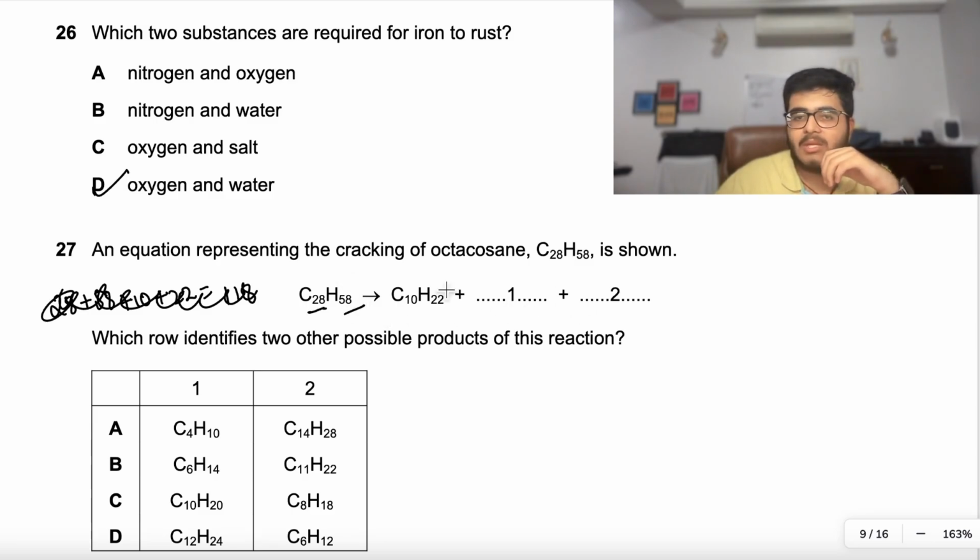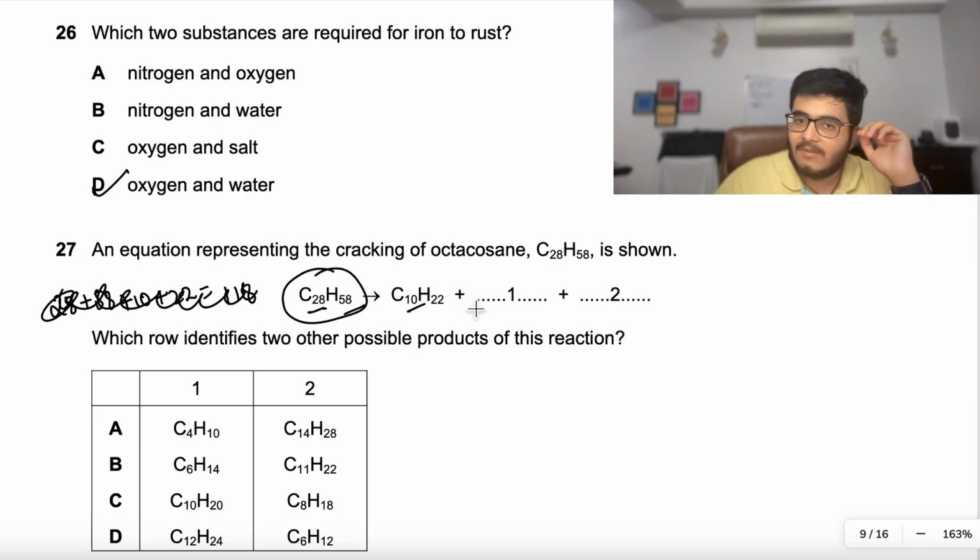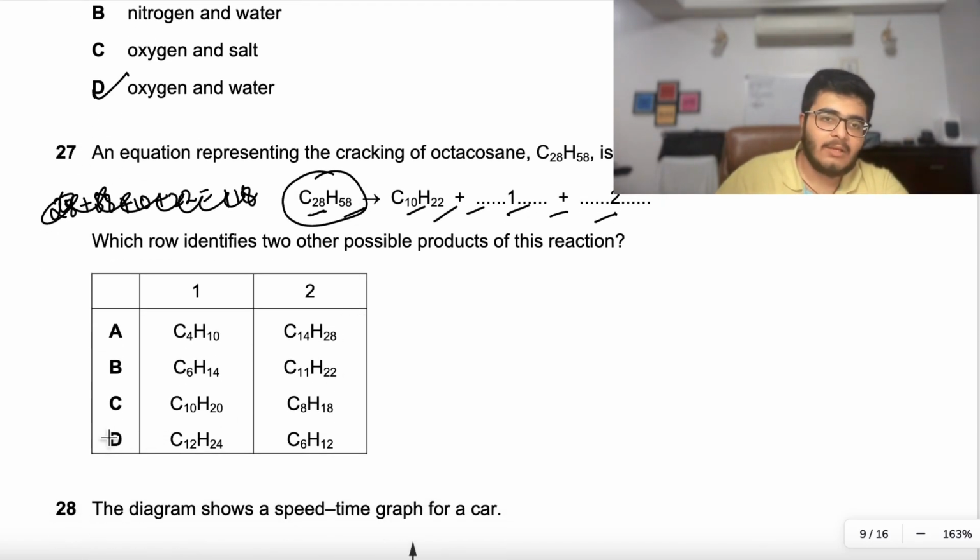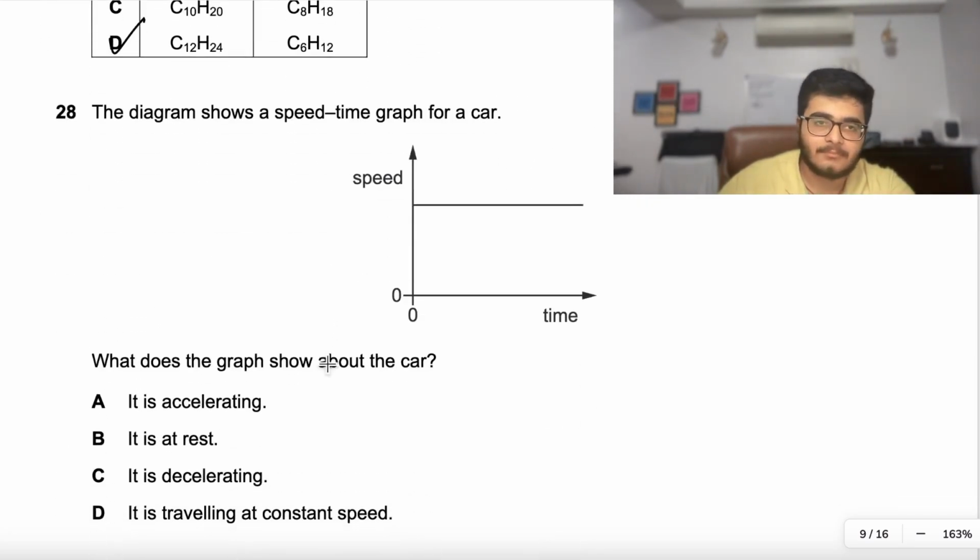So what combination will make the same thing? All of the carbons here should make 28 and all of the hydrogens here should make 58. When you do that calculation, pause the video and do it, you'll find that D is the correct answer, because when you add 10 plus 12 plus 6, you get 28, and when you add 24 plus 12 plus 22, you get 58.